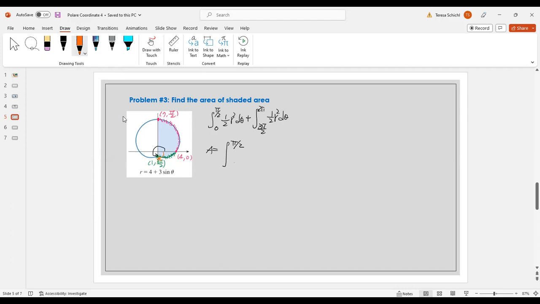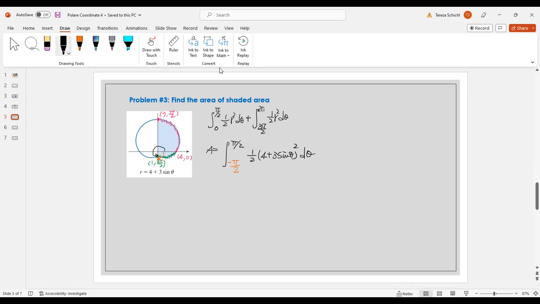If we swing clockwise, it's a negative angle. So this is from negative pi over 2 to positive pi over 2. Then you will have 1/2 r squared, so r squared is (4 plus 3 sine theta) squared d theta here.